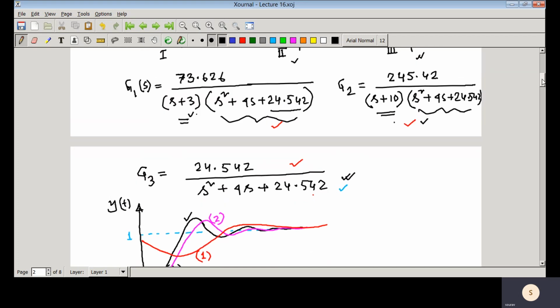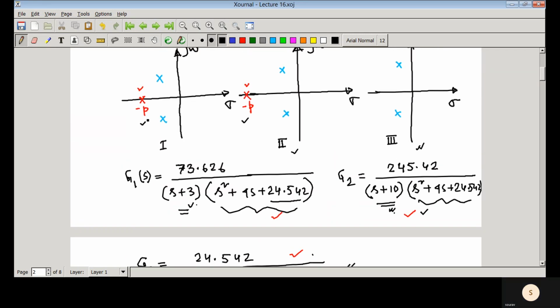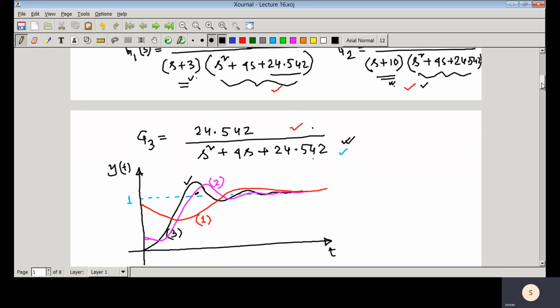Then whenever that pole is placed far away from the origin, it has some effect on the response, but that response is very close to the second order response. But whenever that pole is moving towards the origin, then the effect of that pole on the response is dominating.